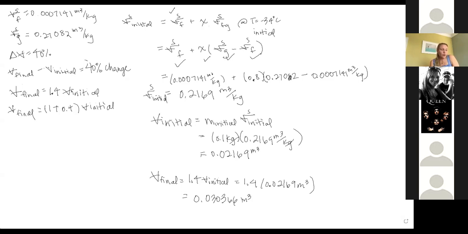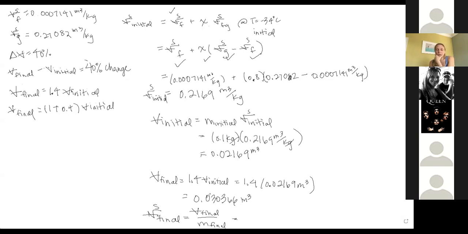Okay, so now we know that our volume final is 0.03036 cubic meter. And if we want to get our specific volume final, then our specific volume is our total volume final divided by mass final.